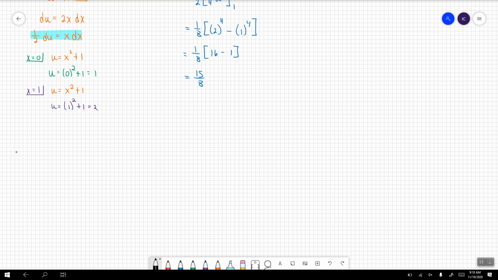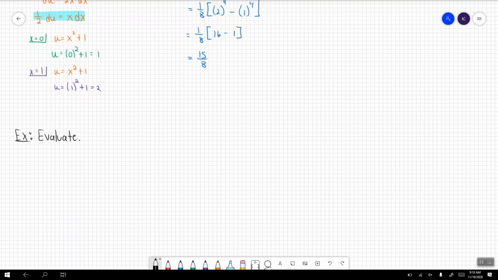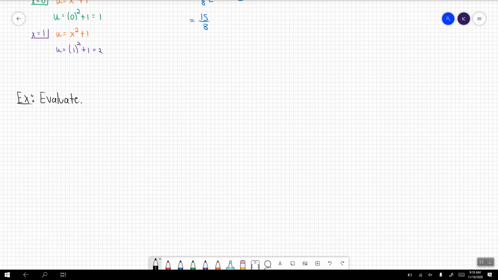All right, so let's see that type of integral. So I am going to say here to evaluate the integral of x multiplied by the square root of x plus 2 dx.